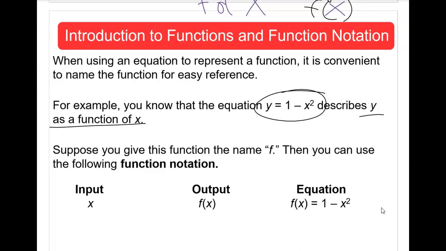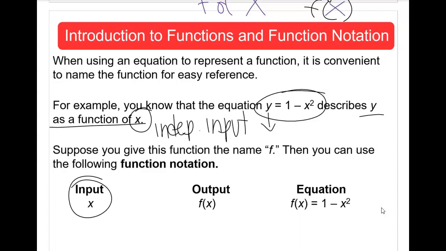So instead of using y, we're going to use f, but because we want to be more detailed about what the independent variable, or the input, is, we are going to include that input inside the function notation.